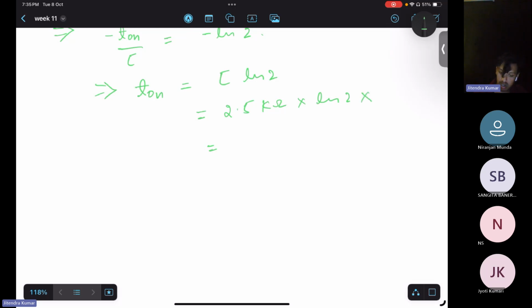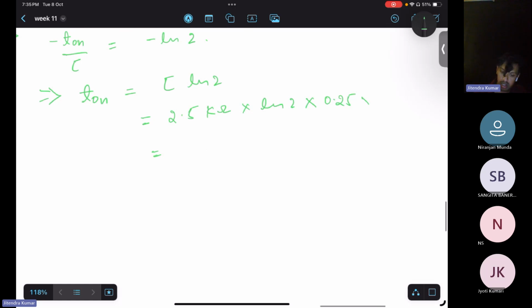So C is 0.25 into 10 to the power minus 3. If we calculate, this will cancel out.